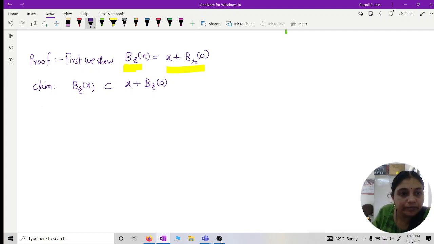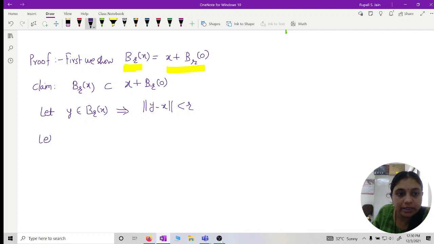So let y belong to B_R(x). What does this imply? Norm of y minus x is strictly less than R. This is the open ball definition, right? I have started with an arbitrary element in B_R(x), and I want to show now that y also belongs to the set x plus B_R(0).